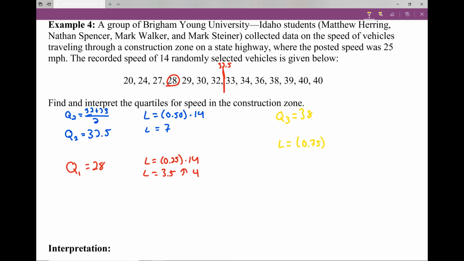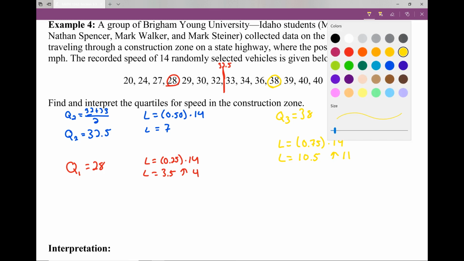Think of quarters. I have 3 quarters, times my 14. So 0.75 times 14 gives me 10.5. I round up to 11. 1, 2, 3, 4, 5, 6, 7, 8, 9, 10, 11, which is 38.